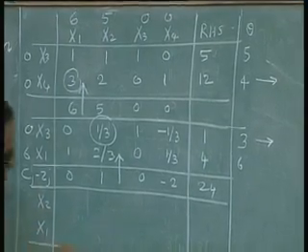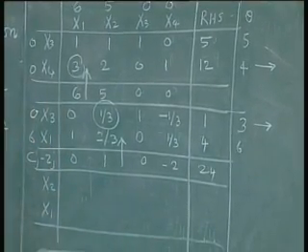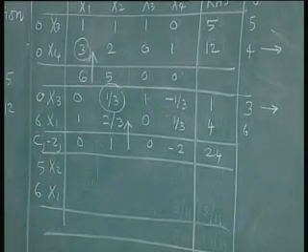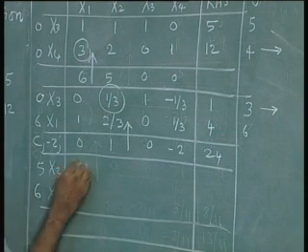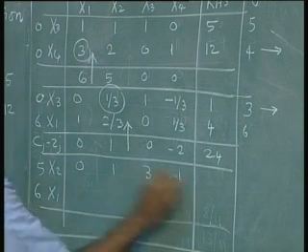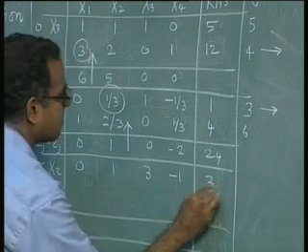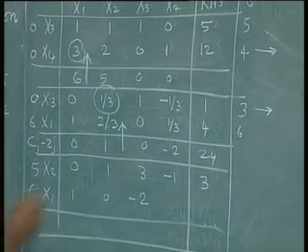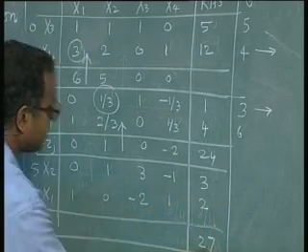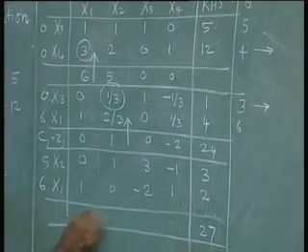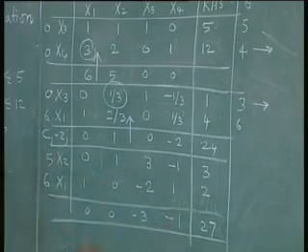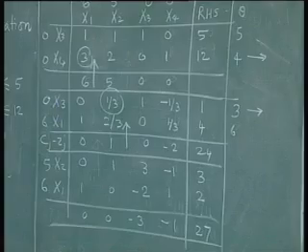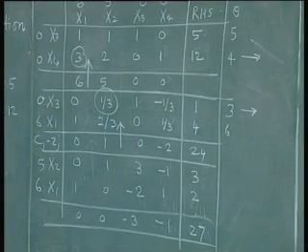We have x2 and x1, and we have 0, 1, 3, minus 1, 3, 1, 0, minus 2, 1, 2, that is equal to 27, we have 0, 0, minus 3, minus 1.